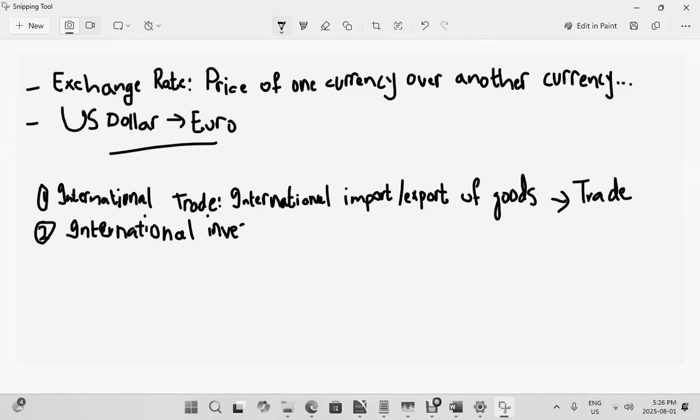For example, if you have a company like Amazon, we're not saying it would be Amazon, but if you have a company like Amazon and international investors invest in that company, you have investment in a foreign firm.